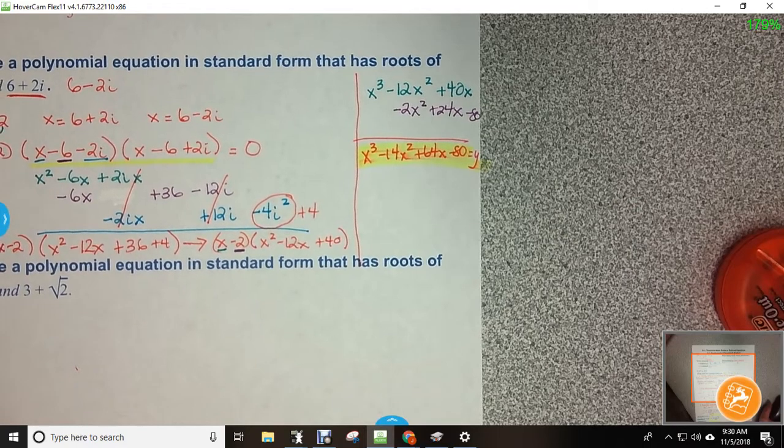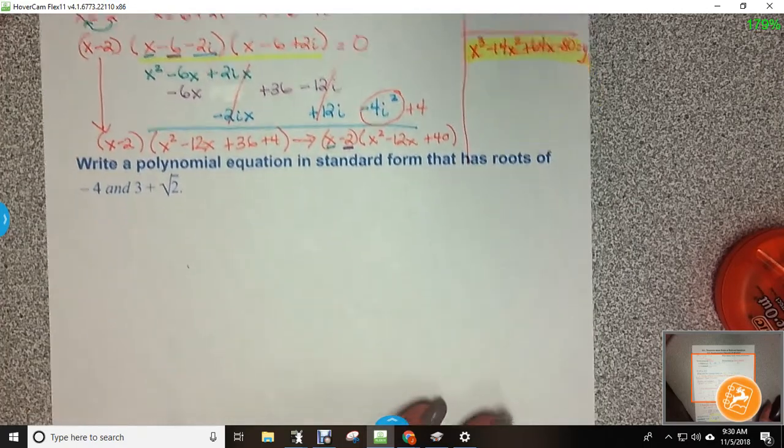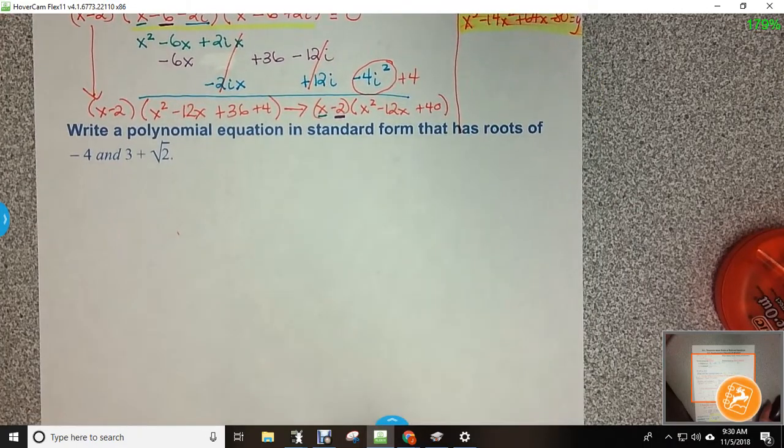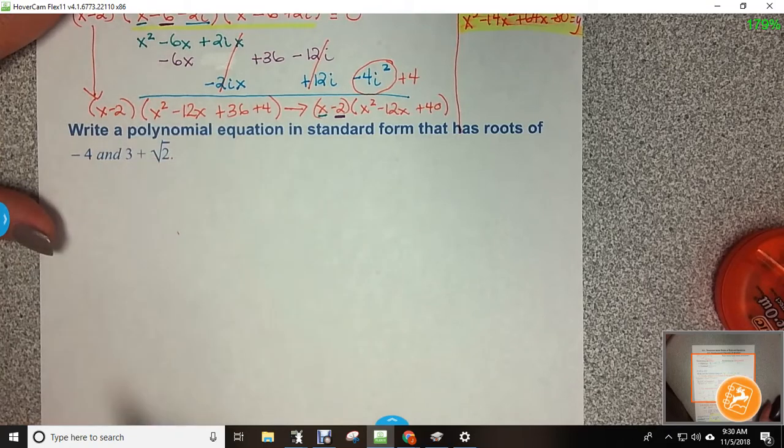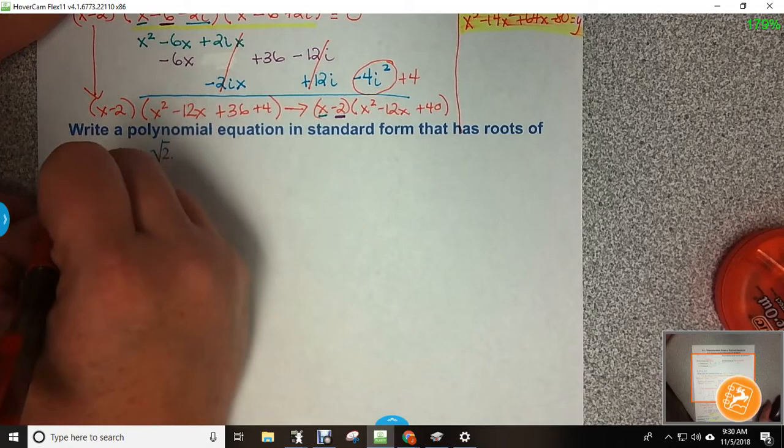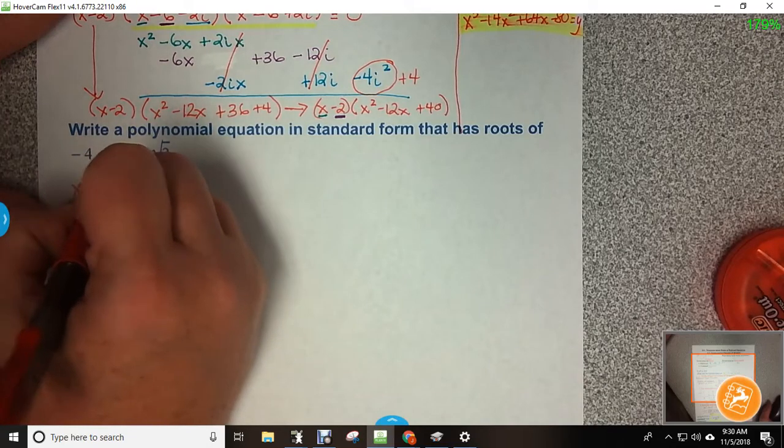Right? Now we've got one more of those. I want to help you get it set up, and then I'm going to give you a minute to work it, have you pause the video while I work it, and then you can come back and double check it with mine. Okay? This negative 4 is not imaginary, it is not irrational, so it doesn't have a pair. So x equals negative 4.